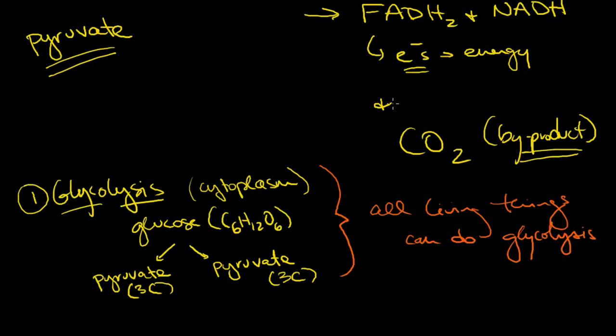Only things with mitochondria really, and there's an exception to that rule we'll talk about in the future, can do aerobic cellular respiration. But glycolysis doesn't use any oxygen, so this is not considered aerobic. It's actually not even considered anaerobic because there's no need for oxygen in this reaction. Because it happens in the cytoplasm, all living things can do this.